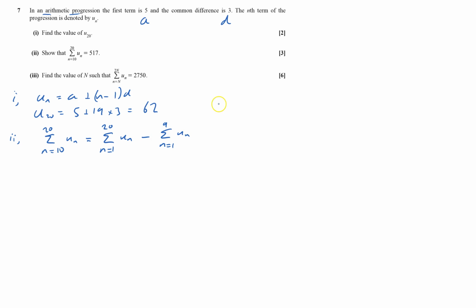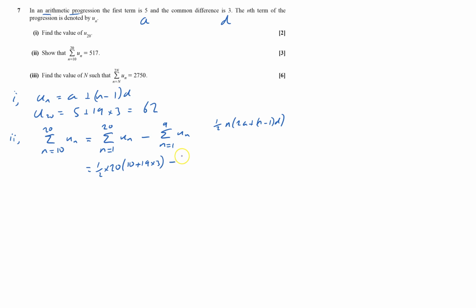My formula for that is a half times the n, that's the bit at the top, times 2a plus (n minus 1) lots of d. So first off, it's a half of my n, which is 20, times 2a, which is 10, plus 19 times 3.